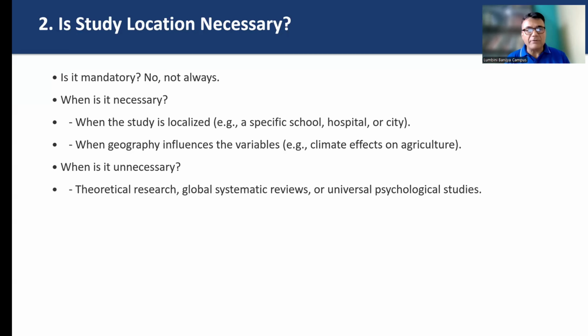If your study is a localized study, say a specific school, for example a government hospital of Rupandehi district, or your study is of a specific city, then you have to mention the location. Also when geography influences the variables, say, for example, climate effects on agriculture in a certain area of your country, in this case you have to mention that location.